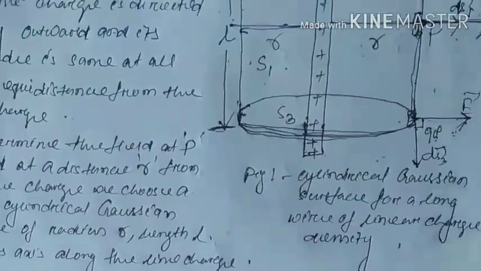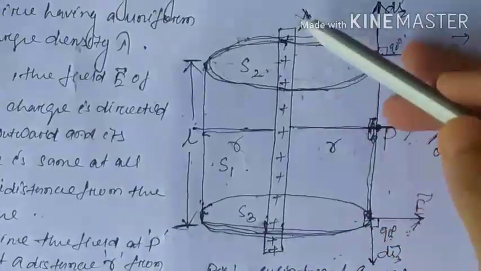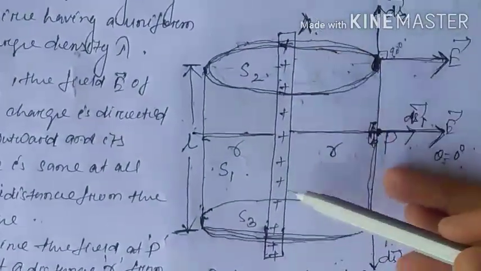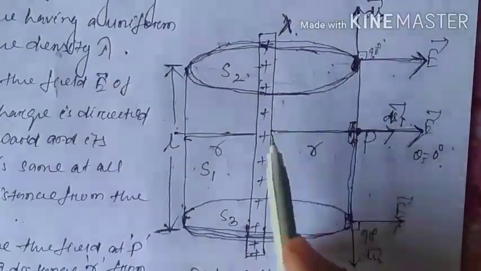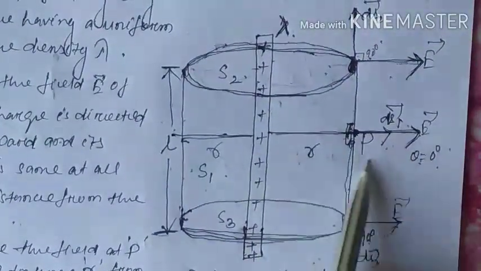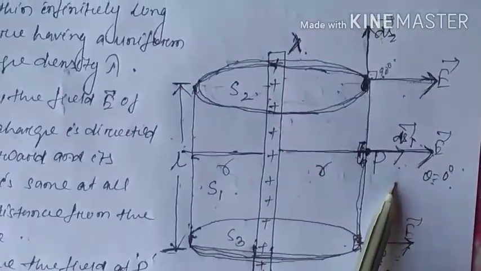Here three things we have to mark. The wire must be infinitely long such that they act repulsive force in between the electric field lines to make them parallel or normal to the surface.